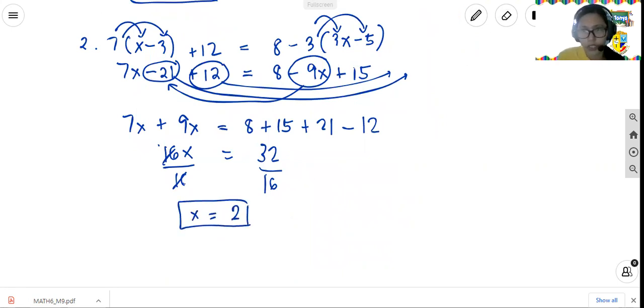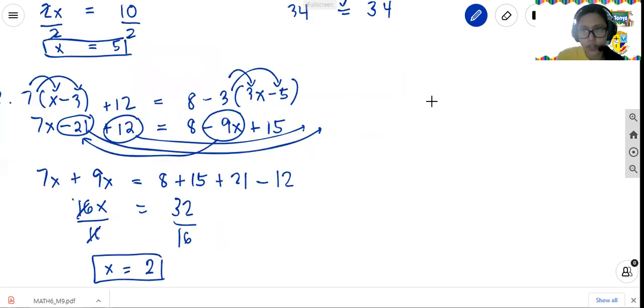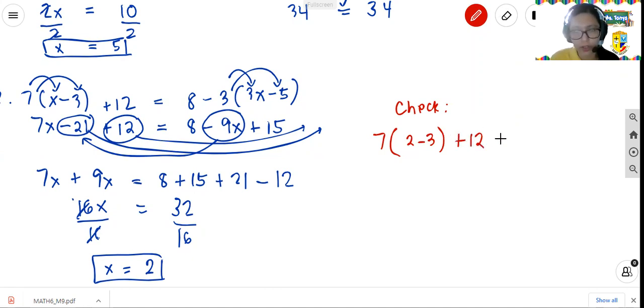And then again, to check if our answer is correct, let's check. So 7 times 2 minus 3, I'm doing direct substitution here, plus 12. Is it equal to 8 minus 3 times 3 times 2 minus 5?